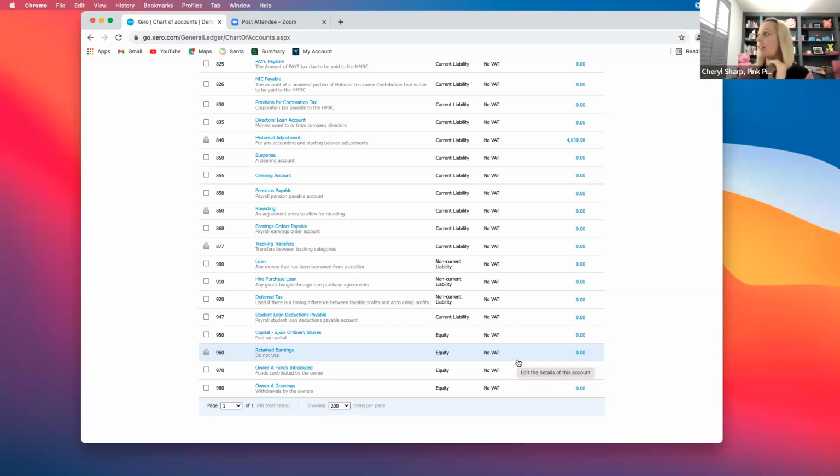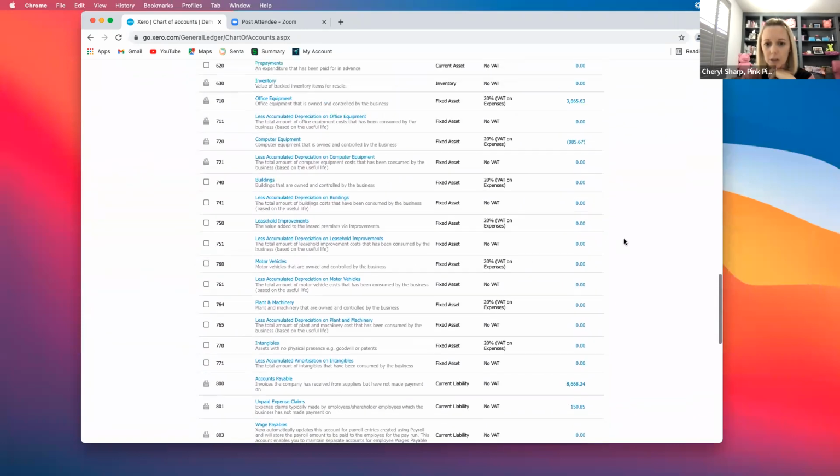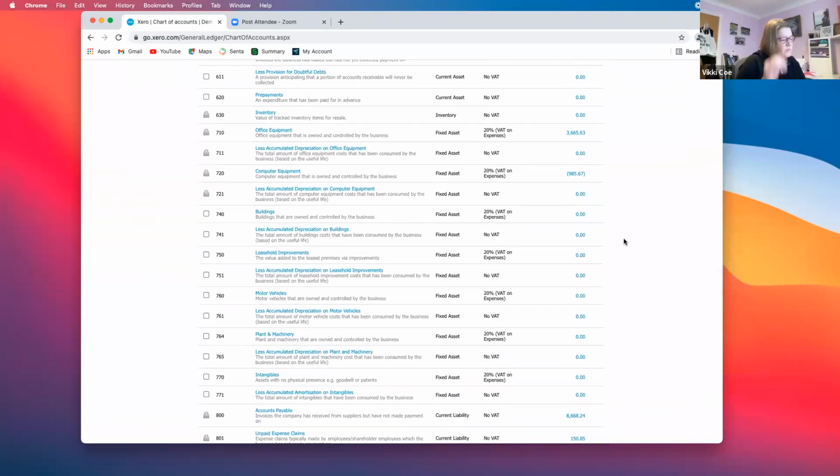So I think the other thing I wanted to ask Vikki is, what are the main things that you see where they go to the wrong one? The main ones, I have to say, are between the asset accounts and the expense. For example, motor vehicle seems to be quite a big one. People will post fuel to motor vehicles.